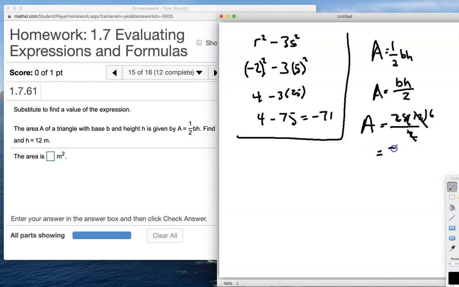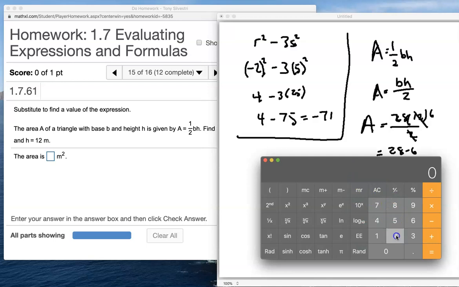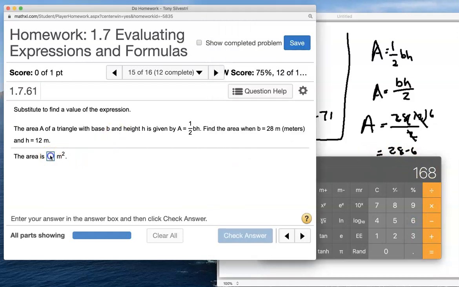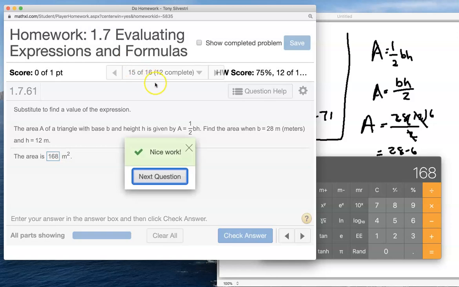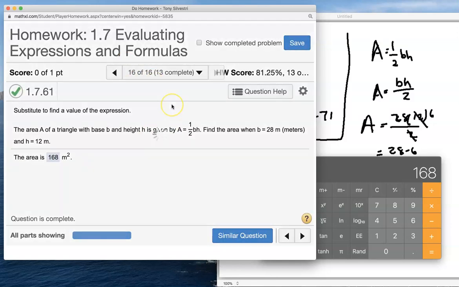So basically the area is 28 times 6, which I'm going to use a calculator. 168. Let's see if that's right. 168. Okay, it's right.